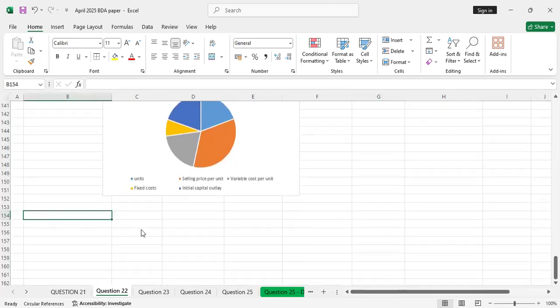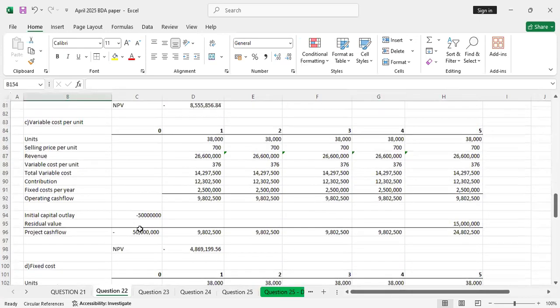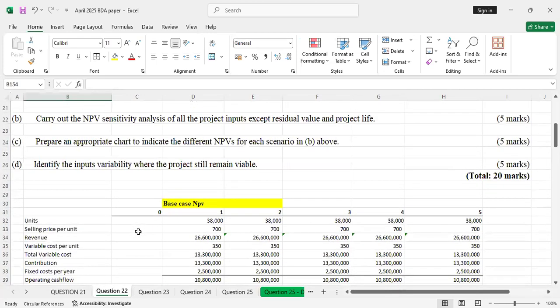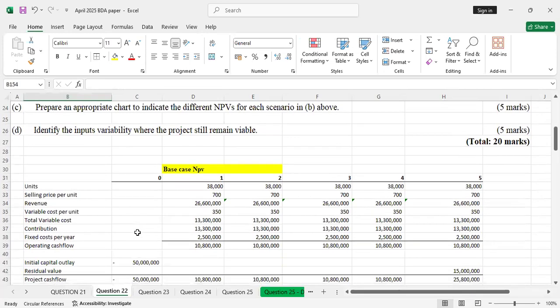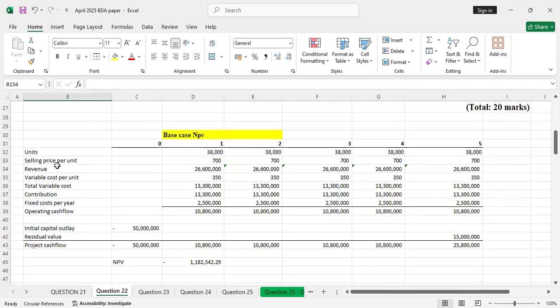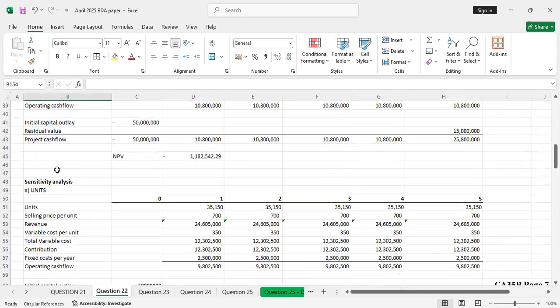Let me go to the last part of the question. The last part was requesting that we identify the inputs variability where the project still remains viable. So for the project to remain viable, you look at what you can change to make it positive.